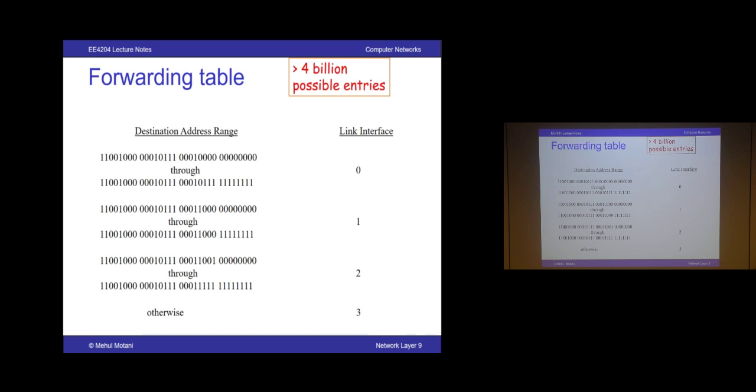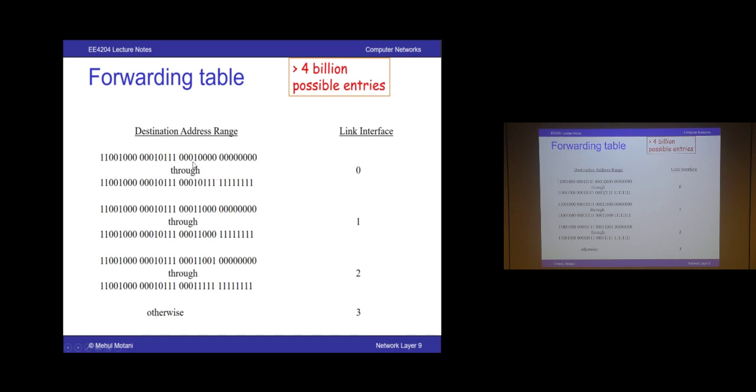Okay, and so you see that each entry is a range of addresses, and those ranges of addresses map to an output interface. So if I look at this, this is a range of addresses. This is actually 32 bits here. So this is the binary representation of an IP address.